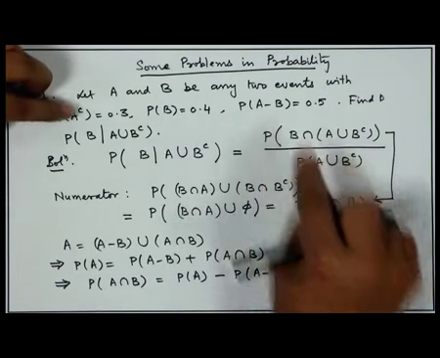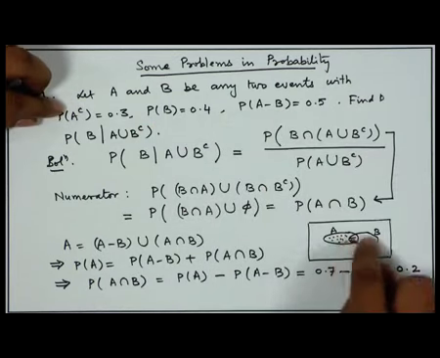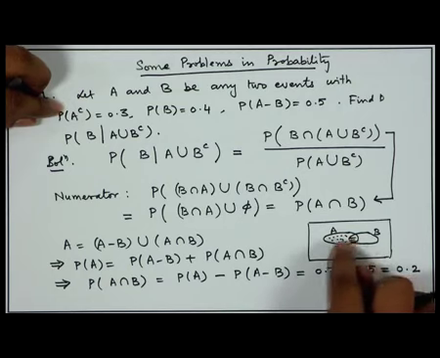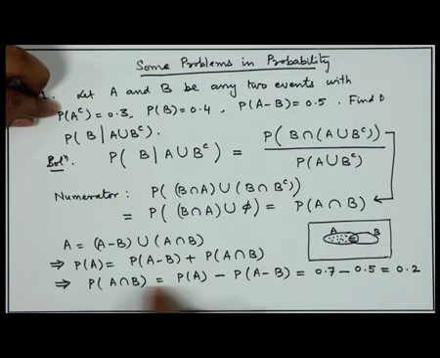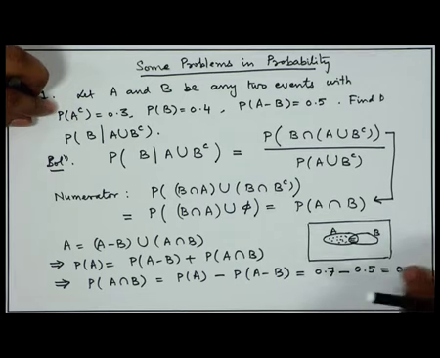But whatever is given here, I just saw through this diagram that we are given the probability of A and we are given the probability of A minus B. So, from here we can easily calculate the probability of A intersection B in this particular fashion. So, this value is coming out.